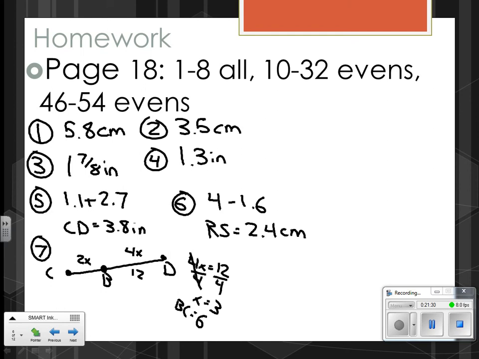Okay, one more. Number 8. Do I have a drawing? No, so I need to make it, but I'm going to use the exact same one I just did. We've got C, B, D. We're still under the same set. Now we're just going to label it. CB is 4x minus 9. BD, 3x plus 5.